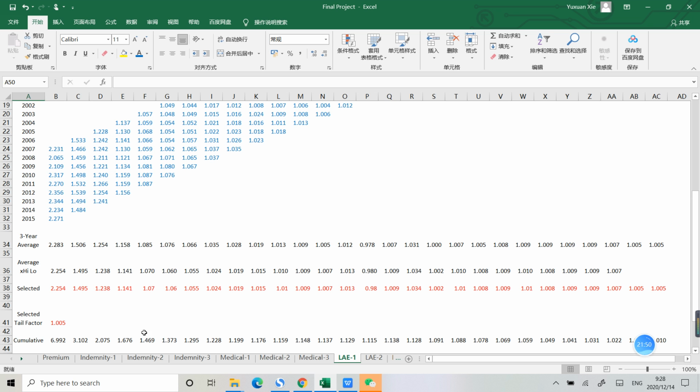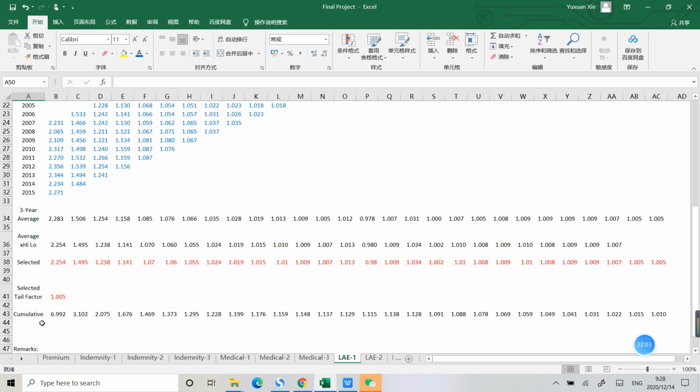It is equal to the number in the medical 1 sheet, but not equal to the one in the indemnity 1 sheet. The cumulative factor has the same calculation as the medical 1 sheet and indemnity 1 sheet.